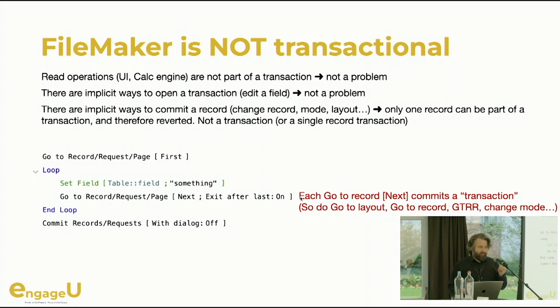So typically, if you are not using relationships, if you're navigating through records, every time you change a record, you commit the transaction, which means you have only single record transactions, which means you don't have transactions, to make it short. Here is an example on a loop. Each go to next record commits the transaction.